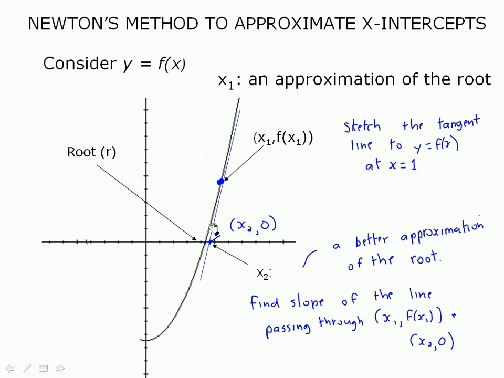Your x2 value might be up the curve a little bit or down the curve a bit. So it's not a perfect approximation, but if this turns out to be x2 right there, when you plug in and get the y value, instead of being right on the axis where you want it to be, you simply do the operation again.